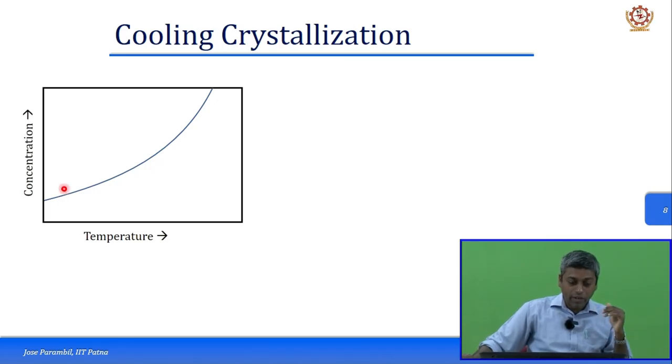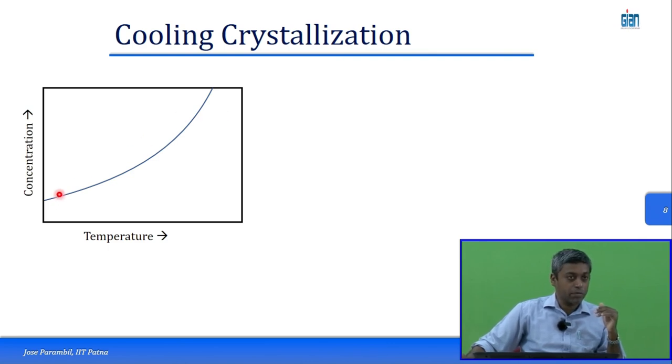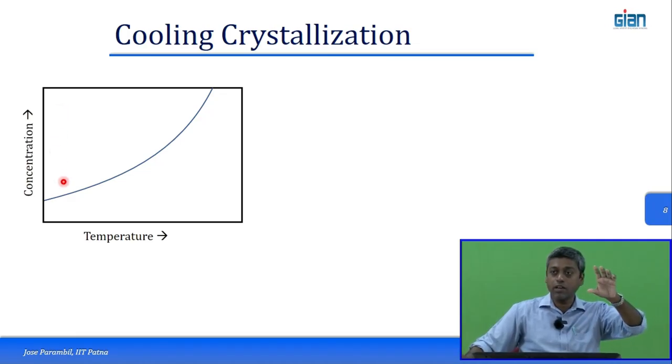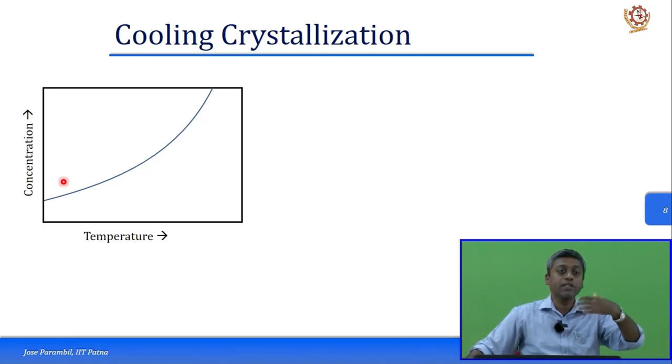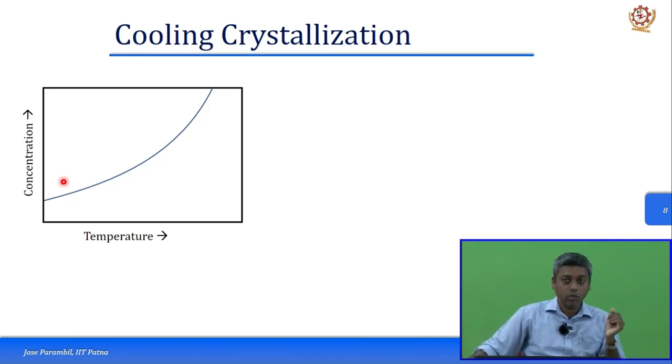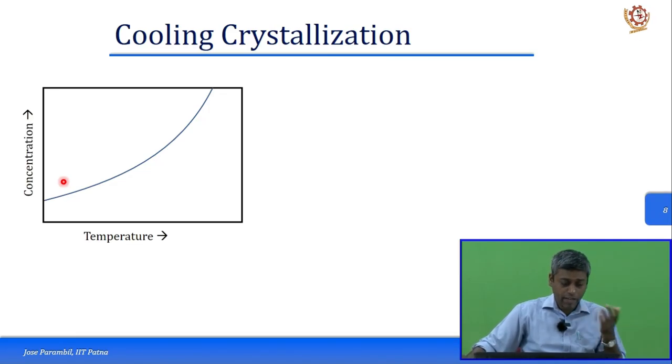So whatever you started from, let's say this level over here, and you're coming down, cooling it up to this particular level, this vertical difference is the concentration of the protein or the material which is now crystallized, and that's something that you can get as solids.